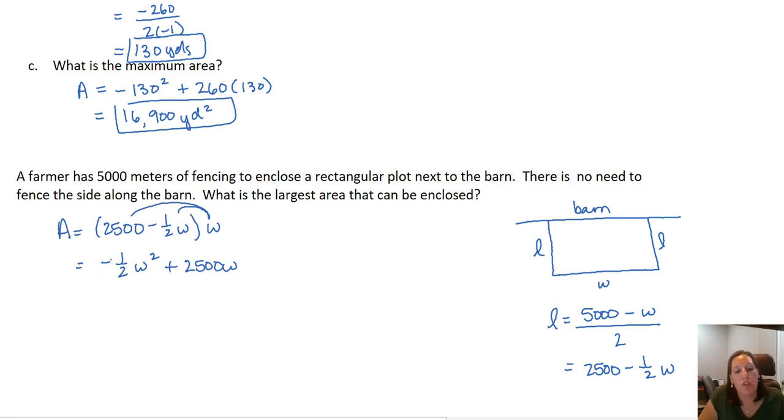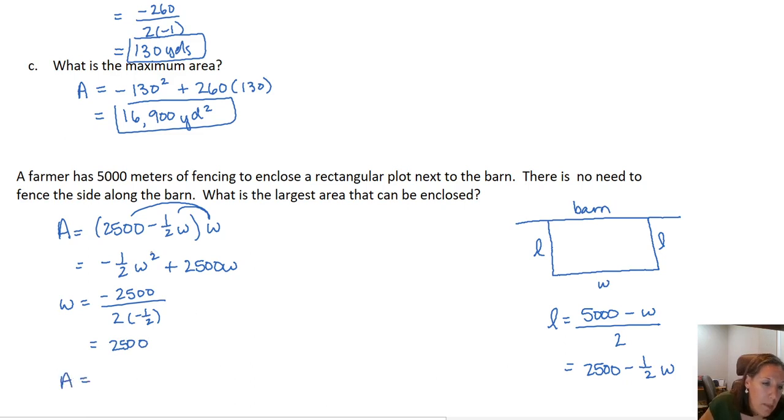Again, it opens down. We've got a negative coefficient on our W squared. It's going to be maximized when W equals negative B over 2A. Our B here is 2,500 over 2 times negative 1/2. That denominator is going to simplify to negative 1. So we're going to get that our width that gives us that maximum area is 2,500.